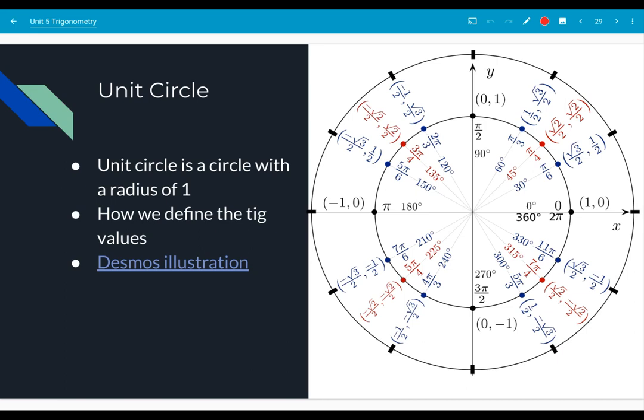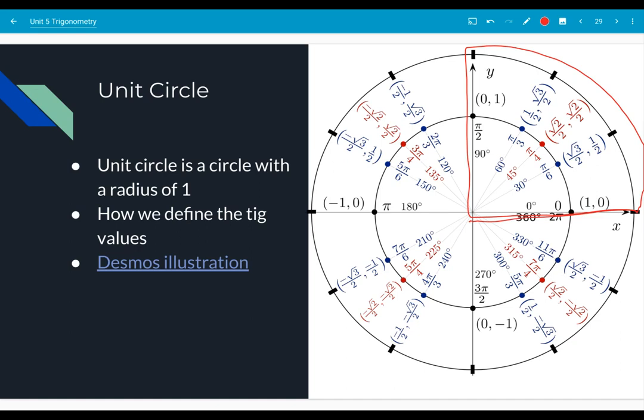I highly, highly, highly recommend that you memorize the unit circle. That's going to be very useful to you if you don't already have it memorized. But what's important is you need to know the first quadrant. You need to know those values exactly.